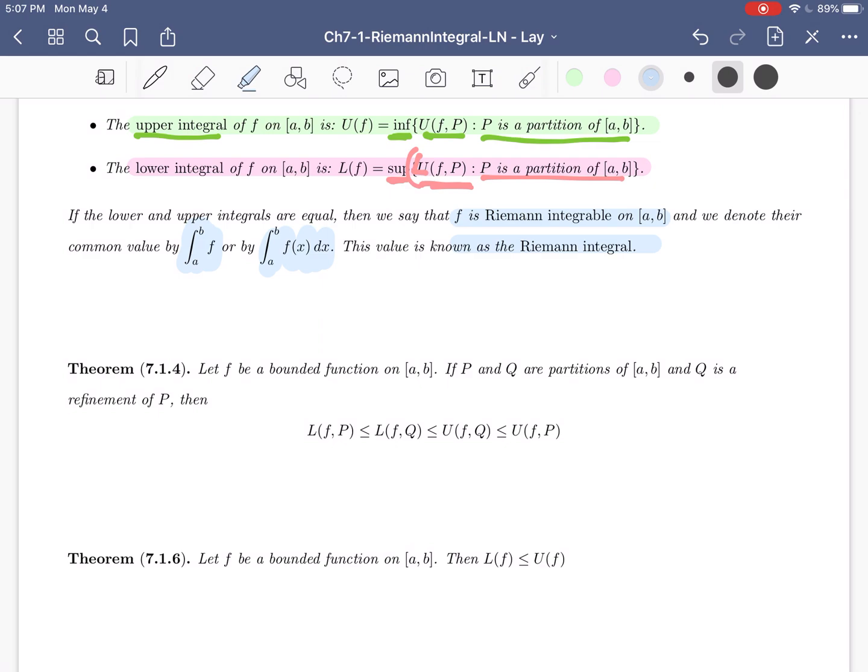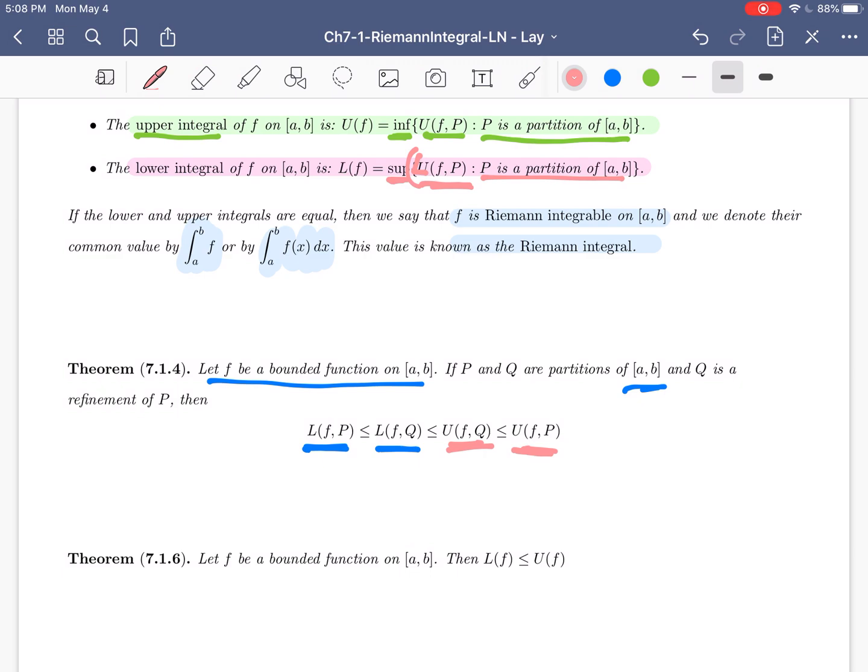There are a couple other theorems associated with this. So if we have a bounded function on a closed interval, if P and Q are both partitions of [a, b] and Q is a refinement of P, then the lower sum of f on P is going to be less than or equal to the lower sum of f on the refinement Q. And that lower sum should be less than or equal to the upper sum on the refinement Q. And the upper sum on P, without the refinement, should be larger still.